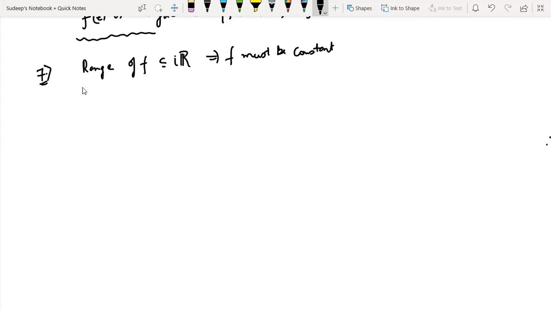Or if the range of f is contained in the purely real, then also f must be a constant. I'm giving you all these variations so that you are not distracted by any of them in your exam.